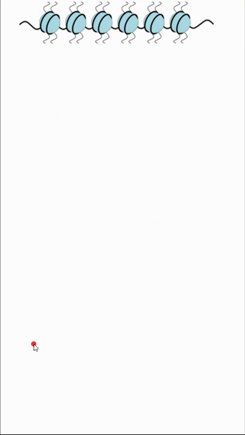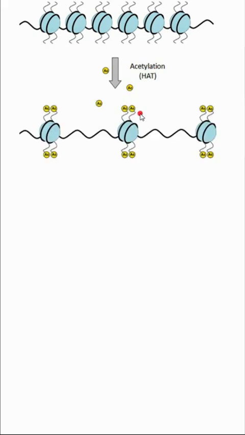So another way to look at this is, again, we start out with all the chromatin tightly wrapped around the histones, and then you can have acetylation. And acetylation is one of the groups that can be attached to the histone tails in order to loosen up the coils.